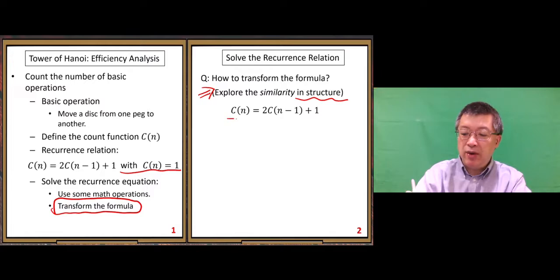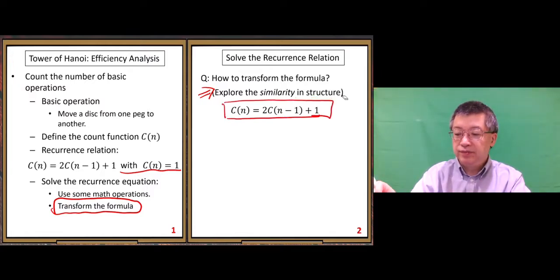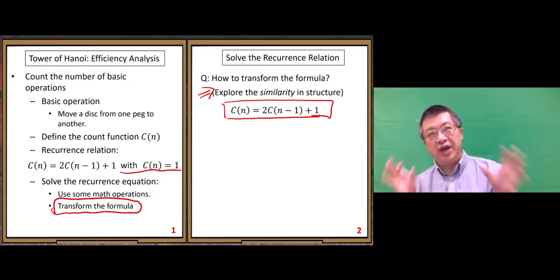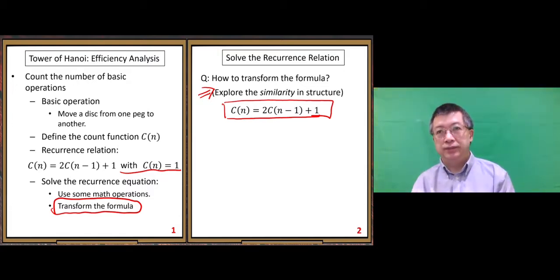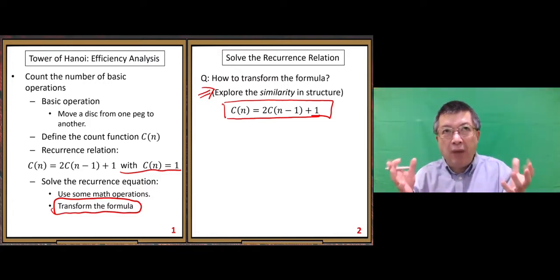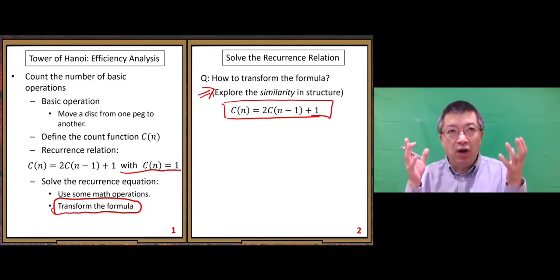So this is our current formula. We need to try to understand. Try to observe. We know observation is critical in problem solving. Try to get some properties from your observation.